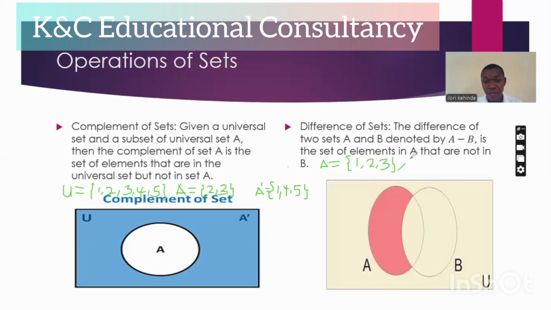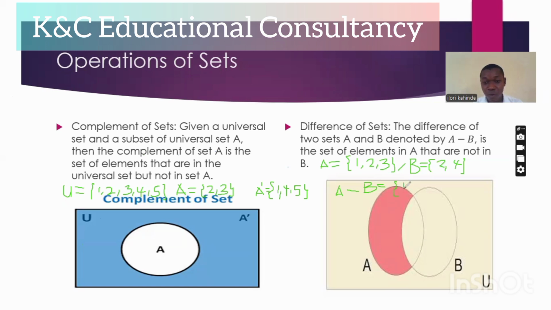And you have a set B given as 2, 4. So if I want to find A minus B, it will just give me, I will remove the element 2 from here.